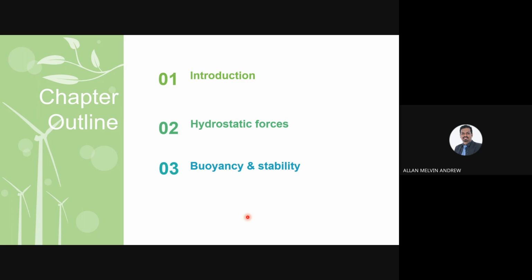Because we know as we go deeper in the water, the pressure will increase. So the material that we are using for our submarine or our ship must be able to withstand the high pressure underwater, especially if you plan to go deep. So understanding the hydrostatic forces is very important.